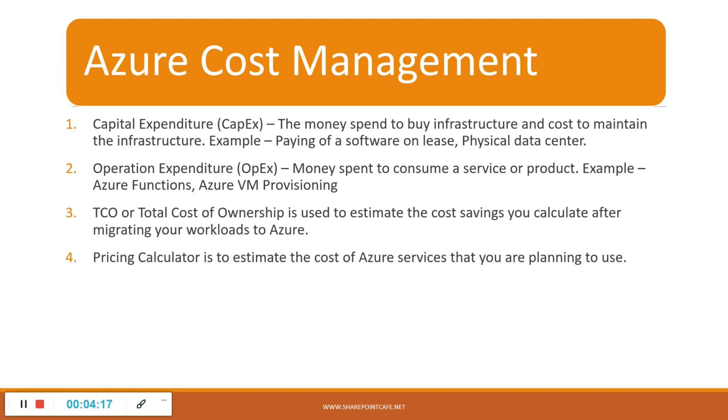But TCO is basically to estimate the cost once you have deployed your workloads to Azure. So TCO is used to compare your previous prices, what cost you were bearing earlier and what cost you are bearing currently after moving to Azure, so that you can compare with the help of TCO.